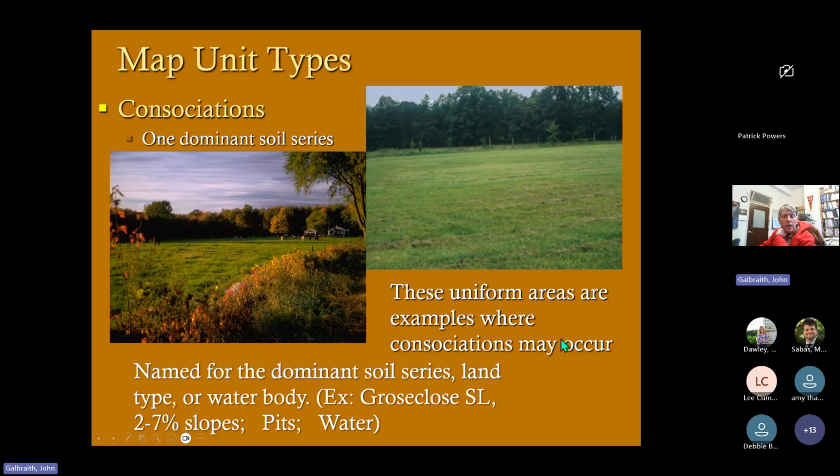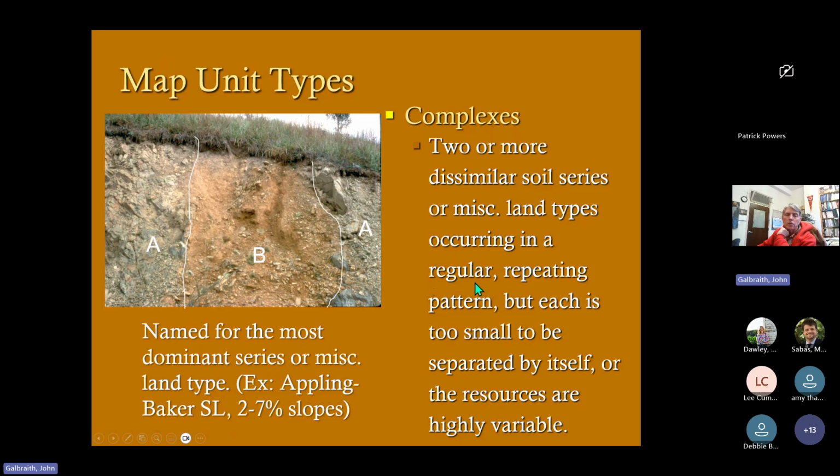Well, here's a picture of a consociation. This is where we might expect to just find one soil, and these areas are very uniform. Oftentimes they're alluvium deposits. And here, this example, it says, is Gross Close sandy loam, 2 to 7% slopes in this area. That's what you might find on the soil map.